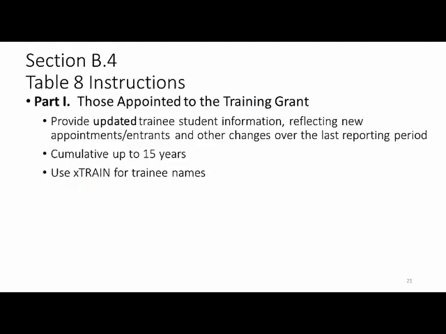So the best way to find out who was actually appointed on the training grant is to go to Xtrain, in my opinion. Go to Xtrain and look down, or you can't really download, you have to just copy and paste all the names. And then this is going to tell you these are all the trainees that should be in the first part of Table 8.